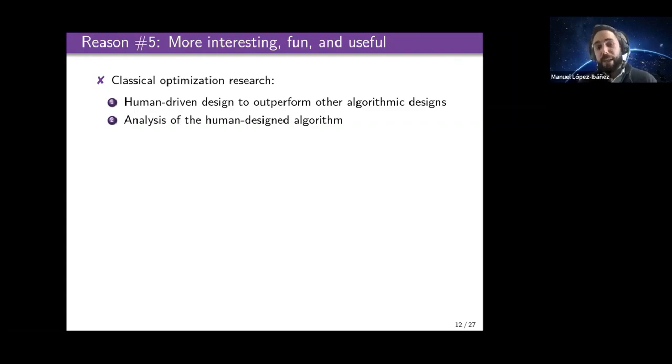And once they manage, they do some analysis of this recently designed algorithm in order to publish a paper and be done with it.